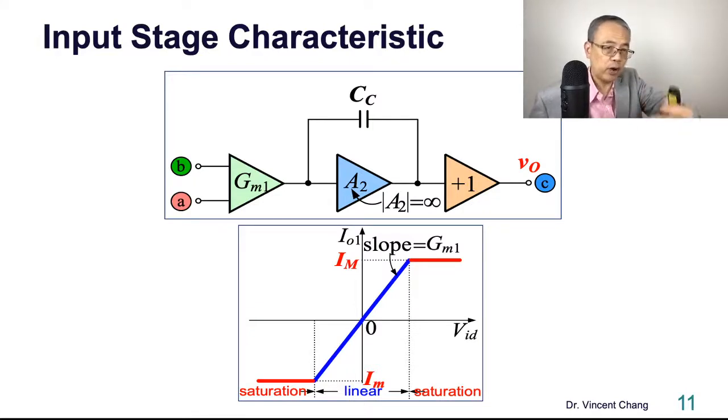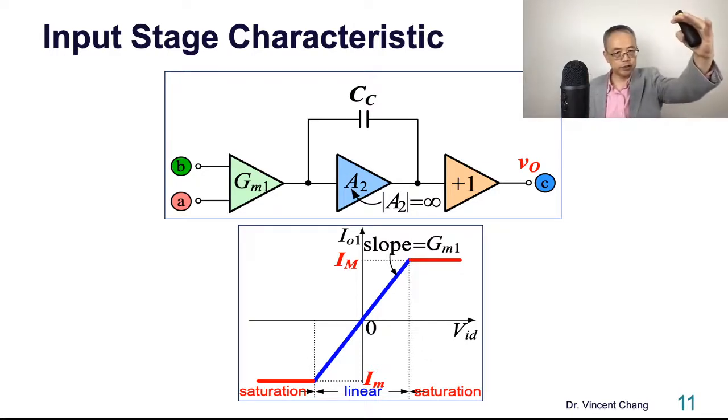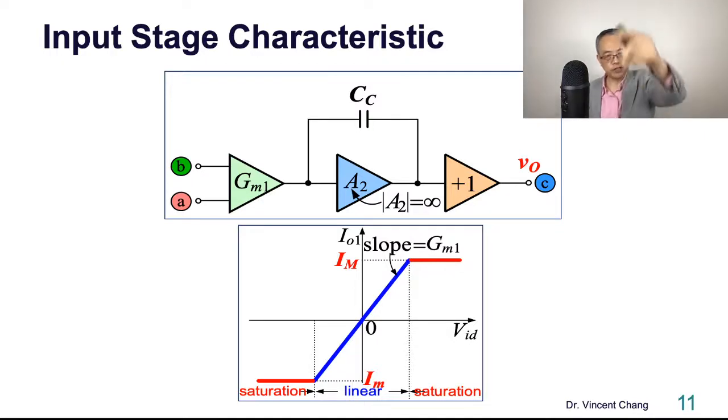So now you know why I need to teach you the transfer characteristic first before I dive into this one. So capital IM represents the saturation current of the differential amplifier, the maximum current that the differential amplifier can provide. And lowercase im is another limit.